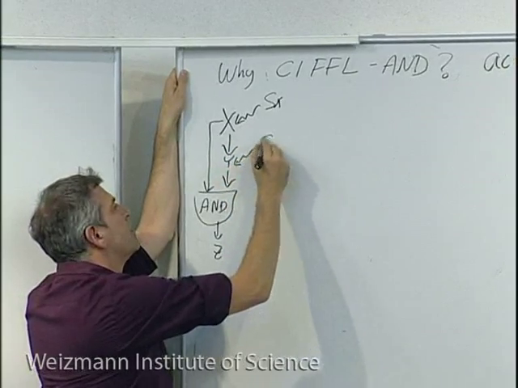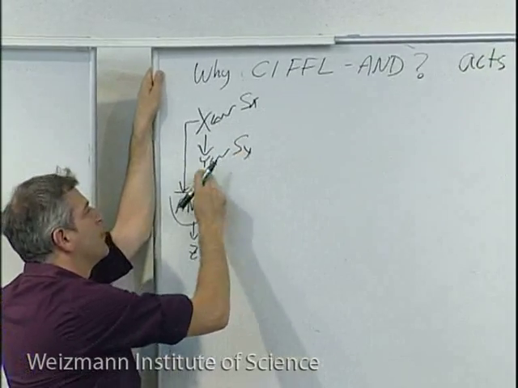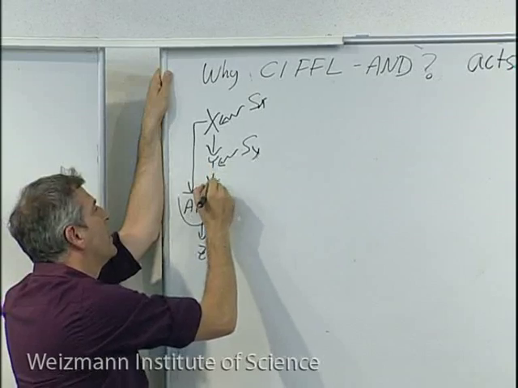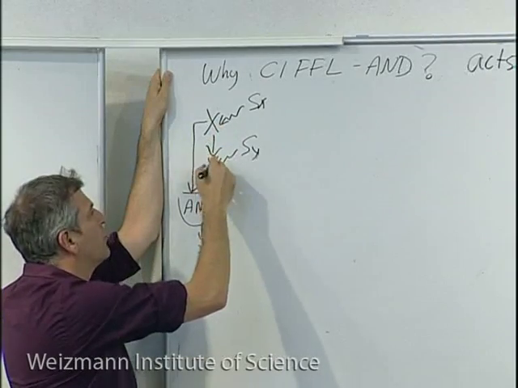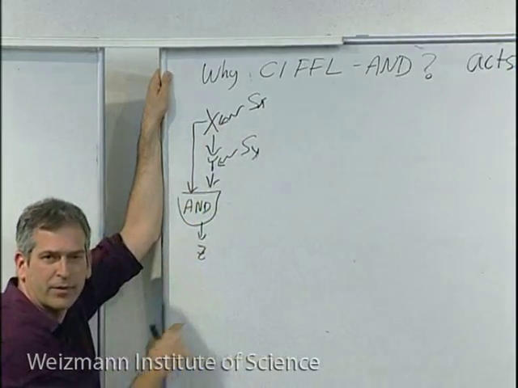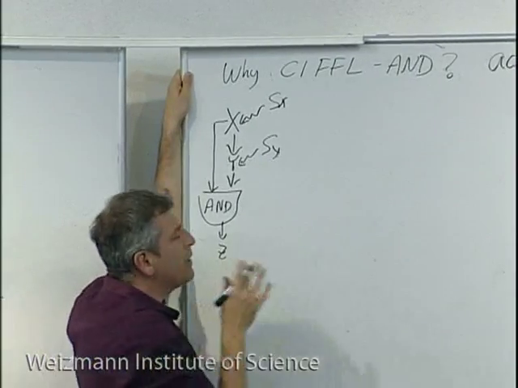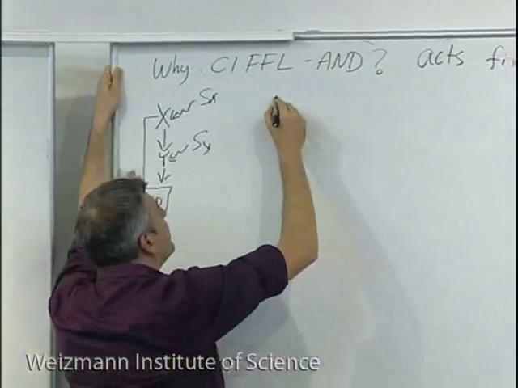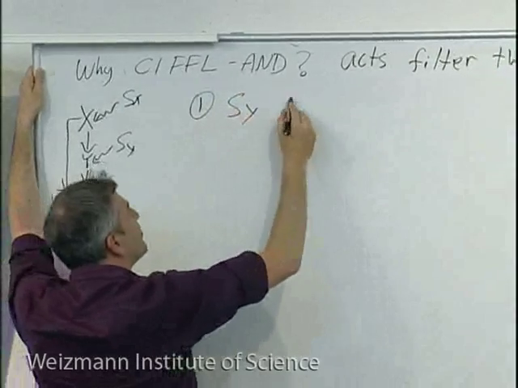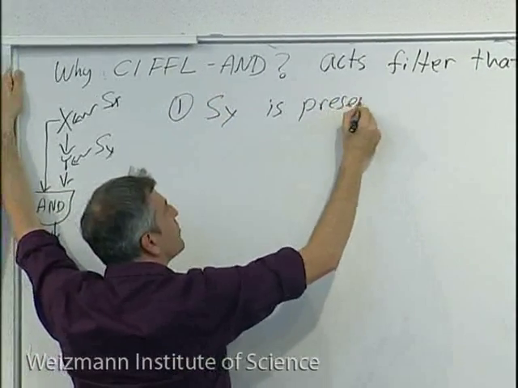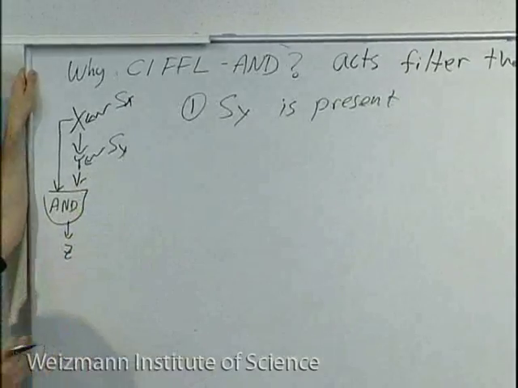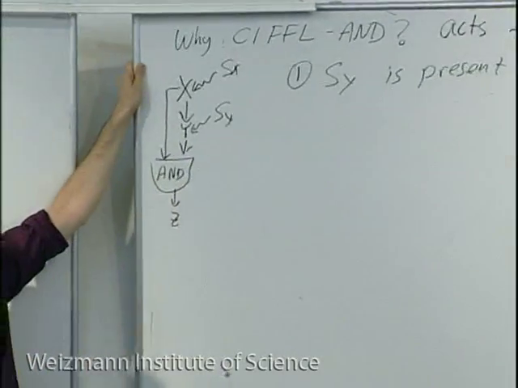And there's a signal, SY, that activates Y. And because it's a coherent type 1 feed-forward loop, X and Y are both activators. They increase the production rate of Z. And we're going to analyze the situation when we assume, one, that SY is present. So we have the signal. Whatever protein Y is made, it quickly becomes active.